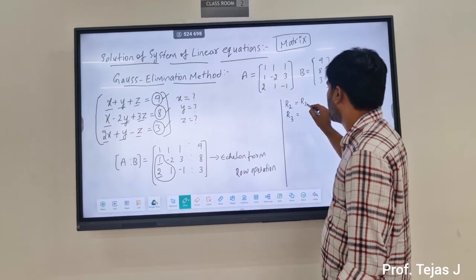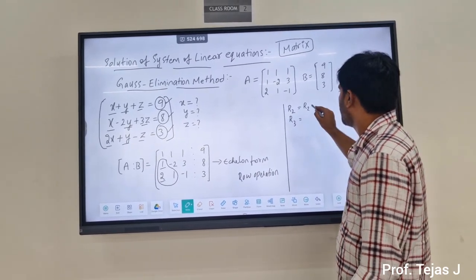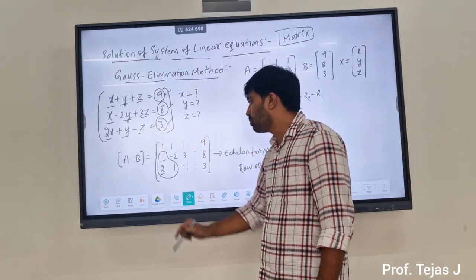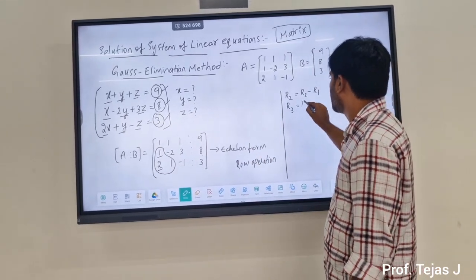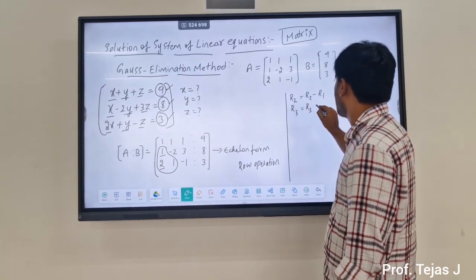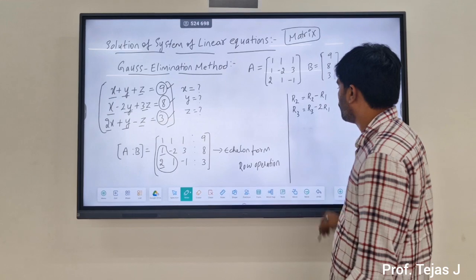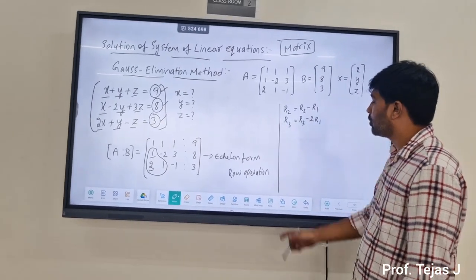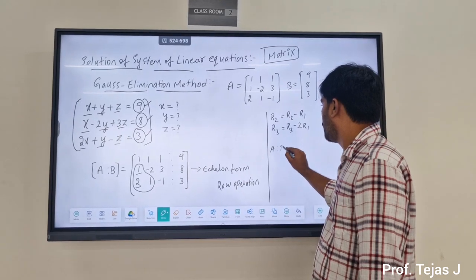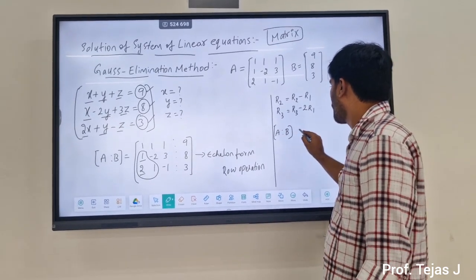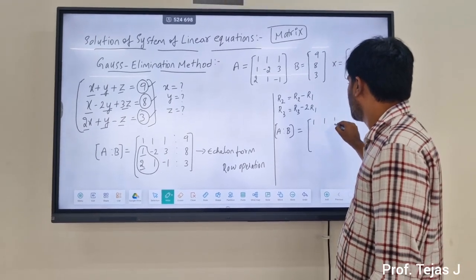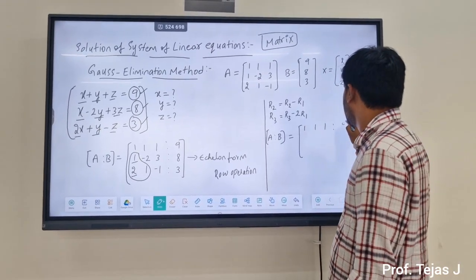So what should the condition be? R2 minus R1. If I apply this condition, 1 minus 1 becomes 0. And what should the condition be for R3? In R3 we have a 2, and it should be reduced with 2 times R1. When I apply these two operations, we write the values of A and B. The first row will be the same: 1, 1, 1 and 9.